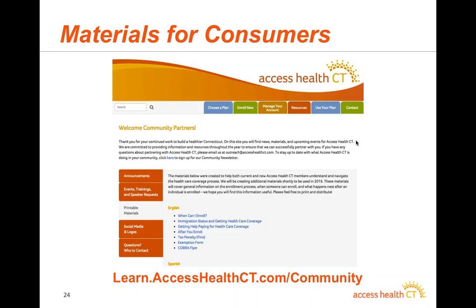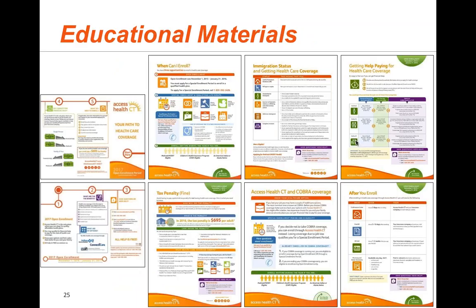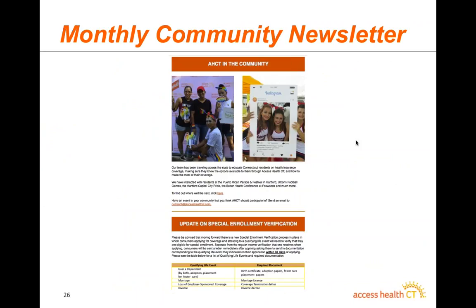There's a form for that. Also, there's all kinds of stuff you can print out for your community members. Anything from immigration status and getting health care, to tax penalty, to the COBRA flyer. There's all manner of stuff on here. As you can see, there's some examples of the flyers that are on there.